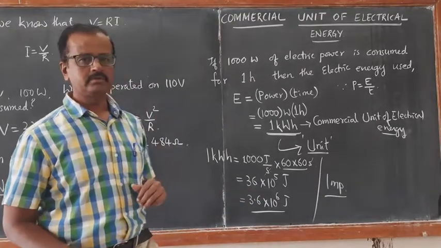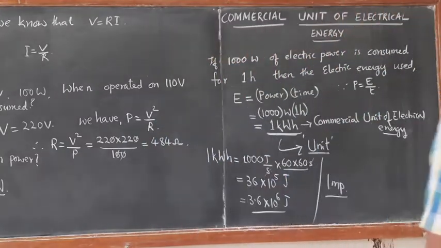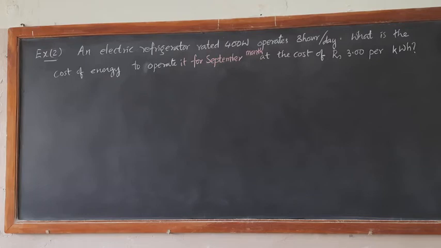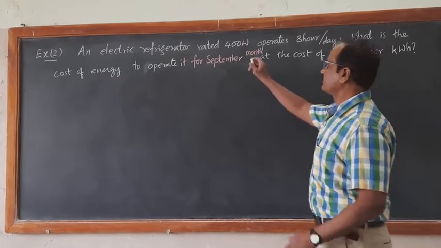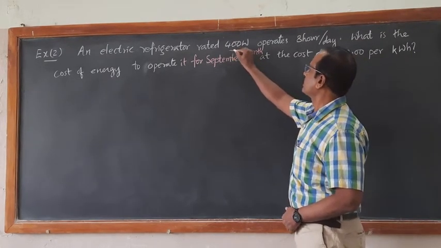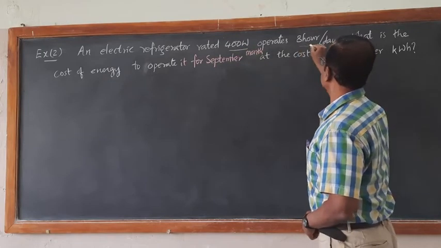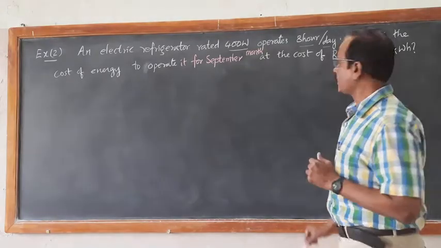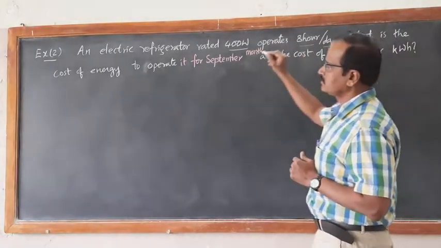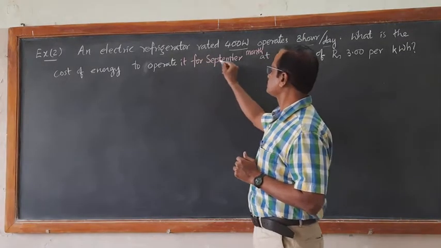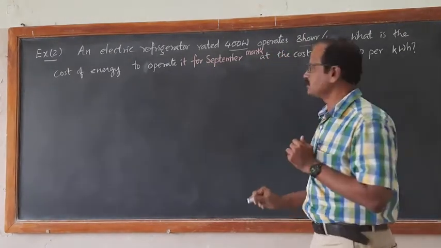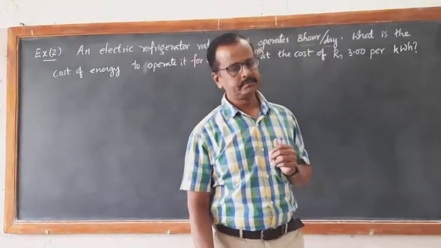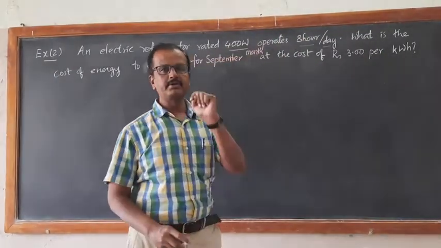Okay, now let us solve some simple problems. This is one interesting problem. An electric refrigerator rated 400 watts operates 8 hours per day. What is the cost of energy to operate it for the complete September month, at the cost of ₹3 per kilowatt hour, at the cost of ₹3 per unit?